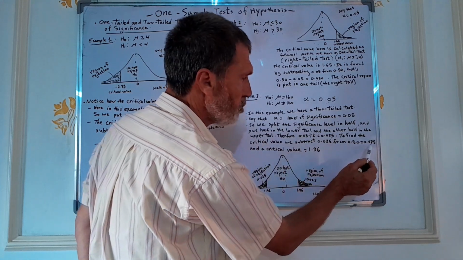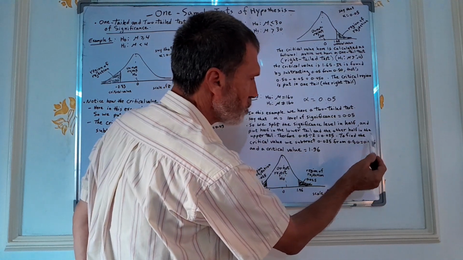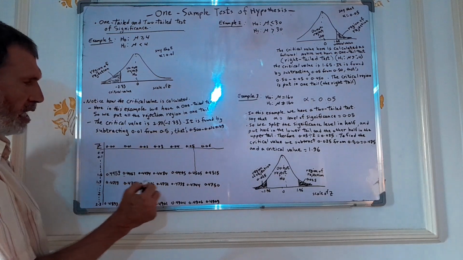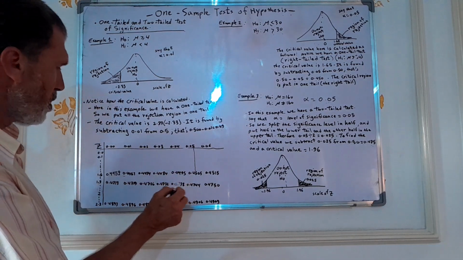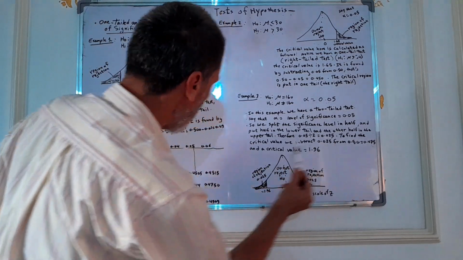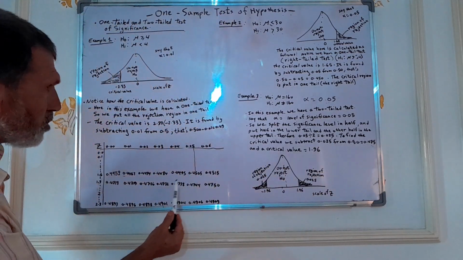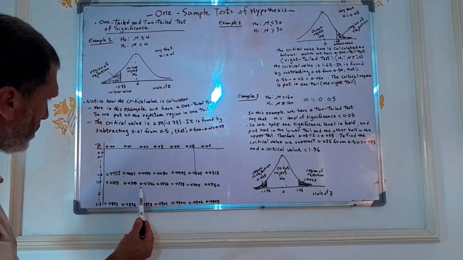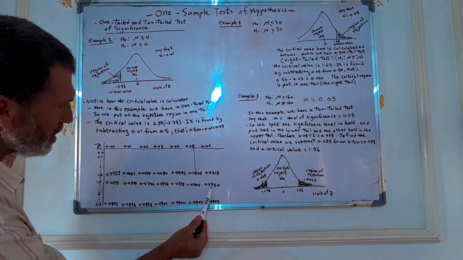So we take this number to the Z table and locate the value. Where is 0.475? It is located here.